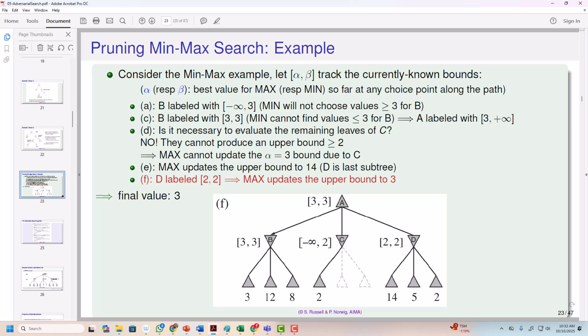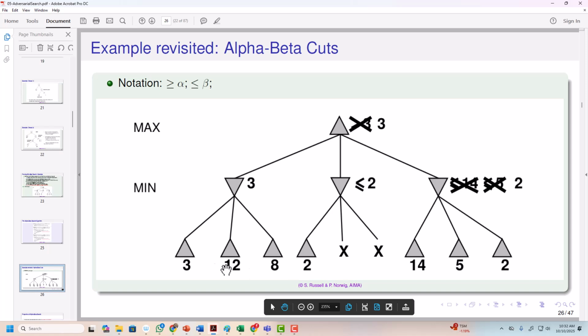So now, I want to show you how move ordering is important. The efficiency of alpha beta pruning depends greatly on the order in which the successor states are examined. Like here, initially min got 3, then it wanted to explore the other nodes. Then I got a value of 2.